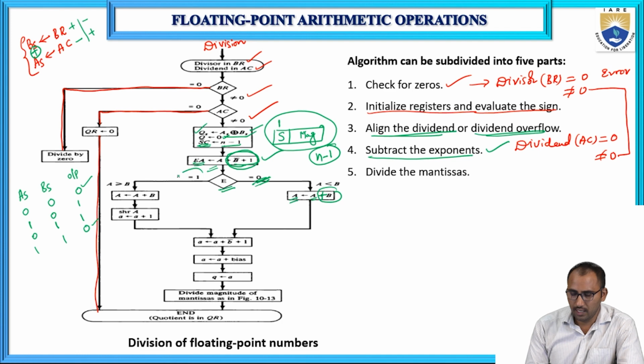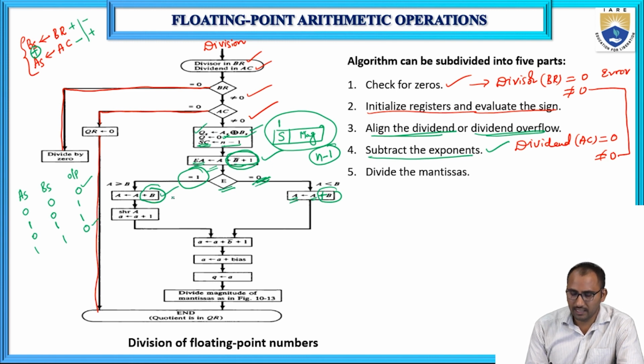Suppose there is an overflow. If there is any overflow, we have to perform a shift right operation. Before performing the shift right operation, we also have to restore the value of the dividend.